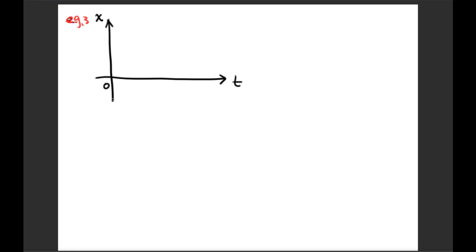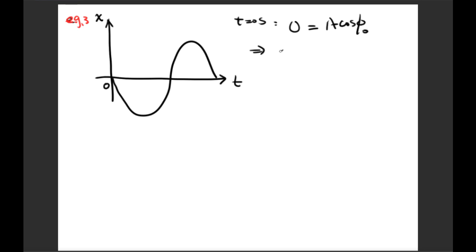Now the oscillation looks like this. It goes down and then up. That's one period of the oscillation. If I do the same thing at t equals 0 seconds, the displacement equals 0, which is A cosine phi naught. So we still have the same solution as before: plus or minus pi over 2.